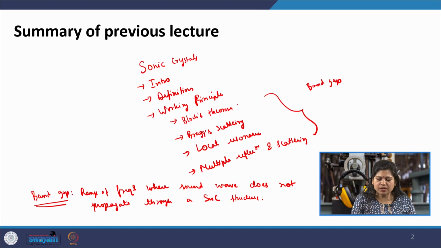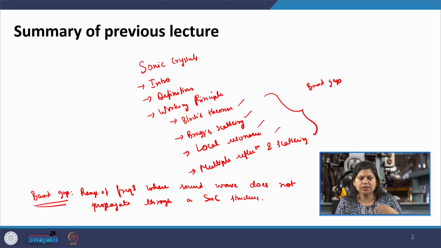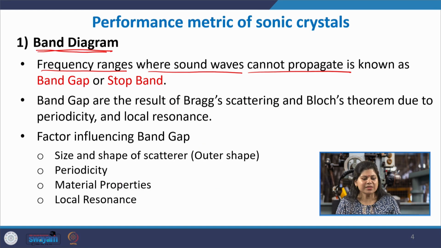Because of these various working principles, the sound wave at a certain frequency range gets attenuated and does not propagate through. These frequency ranges are called the band gap or the stop band, which means these are the frequencies where the wave is not able to pass through the sonic crystal.